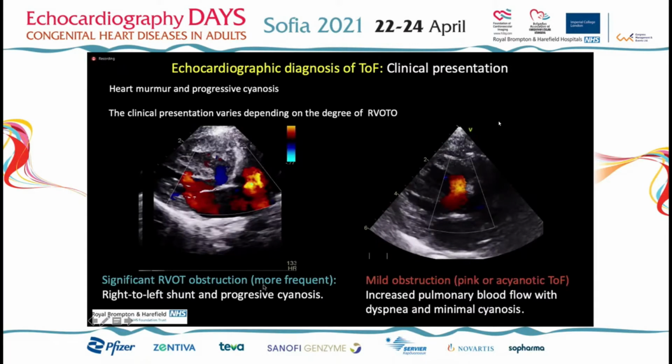And in this case, they can have progressive cyanosis, and even cyanotic spells, which would be secondary to spasm of the muscular RVOT when there's severe obstruction, and the child can deteriorate or even lose consciousness, by severe cyanosis and losing output from the right ventricle.